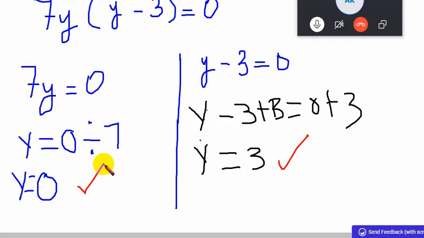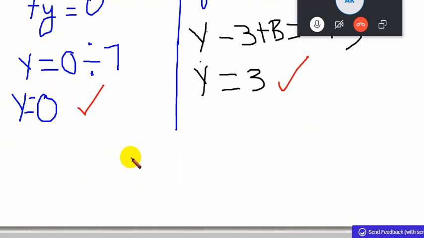Exactly. So we got two values because the degree is 2. We are solving a quadratic, that's why we got two values, two roots. Now we will write them in a set, which is called the solution set. Write the values in the solution set, just like this, 0, 3.